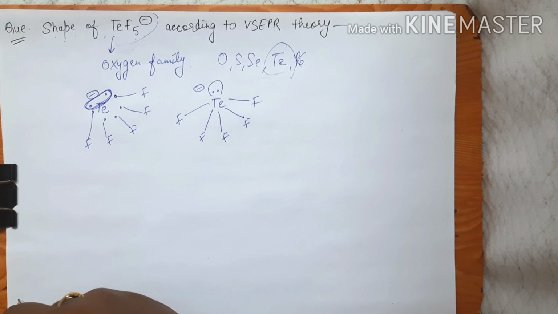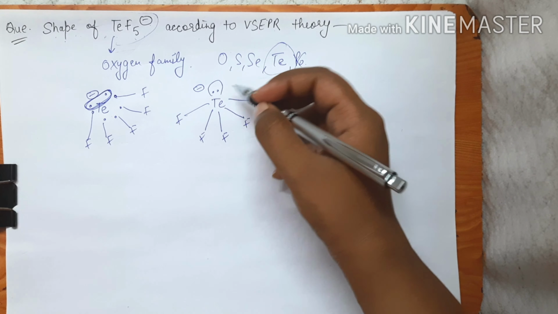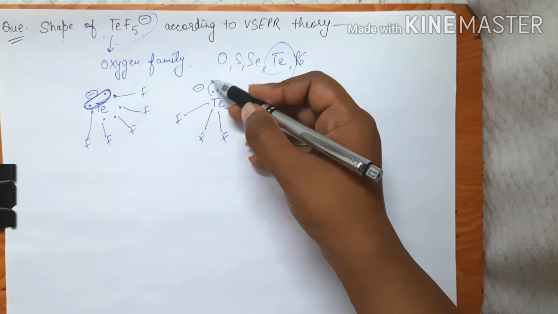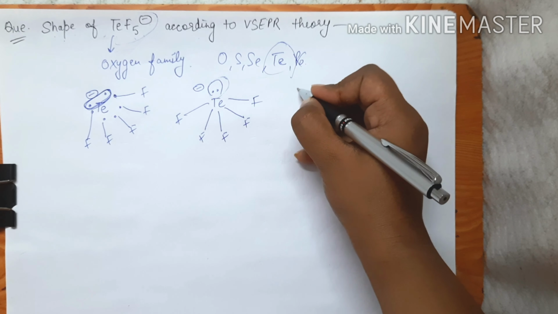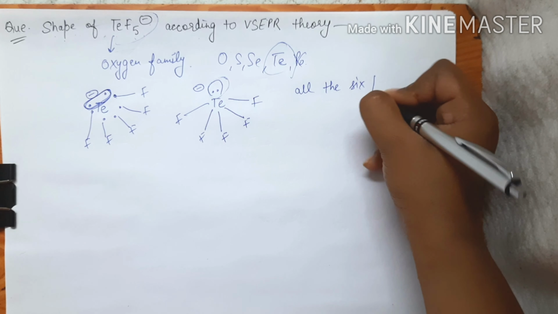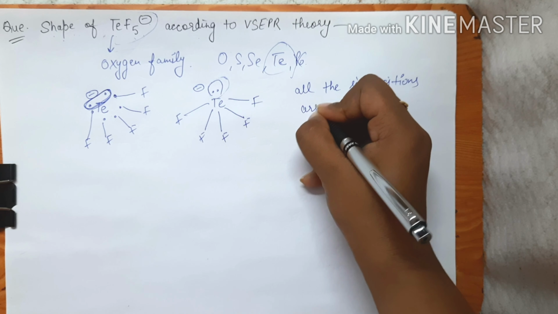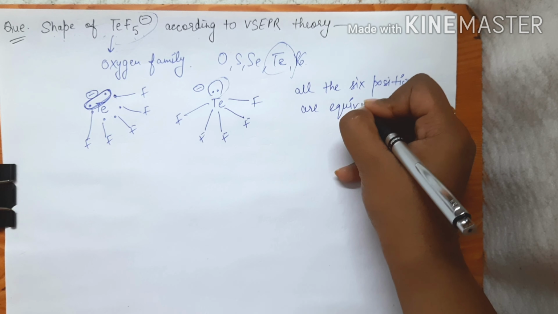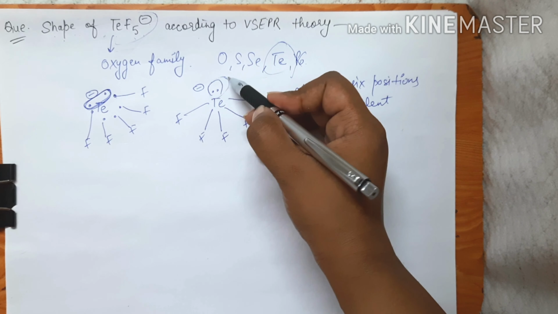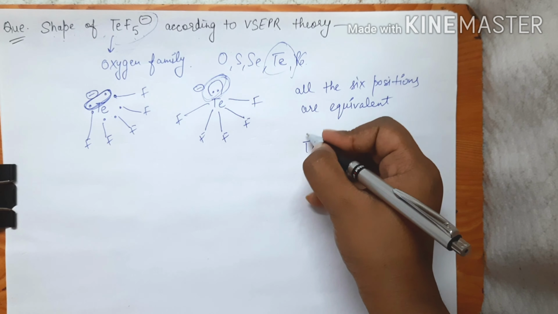Now what happens here, there are 6 positions, out of which one is occupied by the lone pair. All the 6 positions are equivalent, as the lone pair is present on one of the 6 positions.